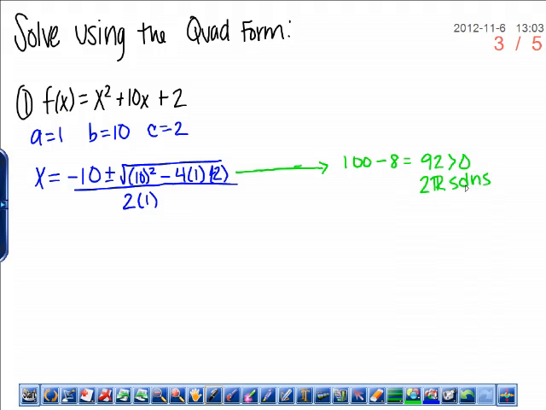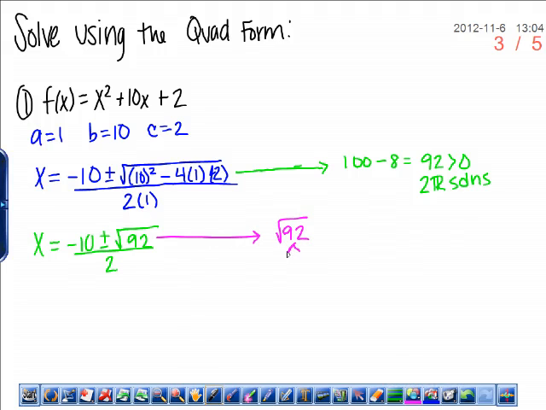Okay? So let's go ahead and rewrite this with our discriminant under our radical. So x equals negative 10 plus or minus the square root of 92 over 2. Okay? What do you think we should do next? Yeah, let's simplify the square root of 92. So it's kind of a big number.